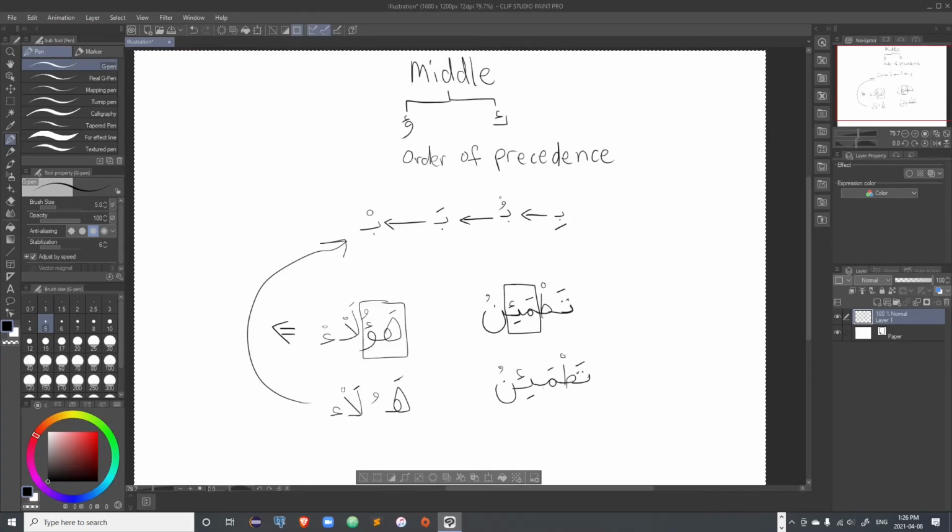You will see that dhamma is stronger than fatha, which means that the hamza will take the shape of a dhamma letter. What is the letter from which the dhamma is derived? Waw. And then you will put the hamza on top of it as such. So that will be ha-u-la.